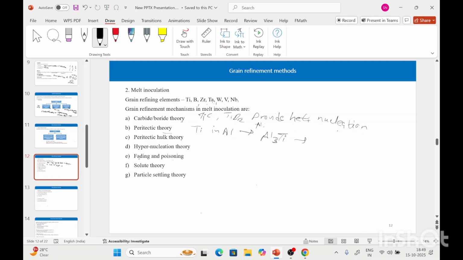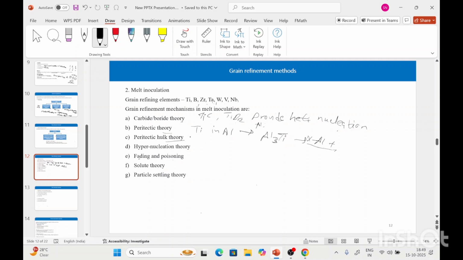So at a higher temperature, the alpha aluminum will start to form. Because of that higher temperature, the grain nucleation starts at high temperature, which will result in a higher grain size.